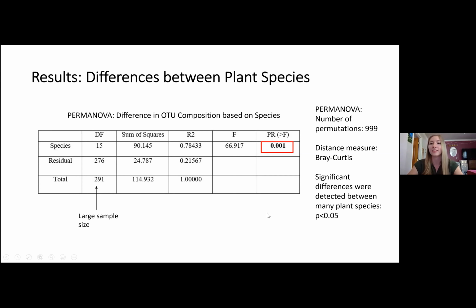That's basically statistics talk for if my p-value is larger than 0.05, there are no differences. But if my p-value is less than 0.05, then there are differences in whatever factor you're looking at. In this PERMANOVA test, I found that my p-value is 0.01, which means that there are some very large statistical differences in OTU composition based on species.